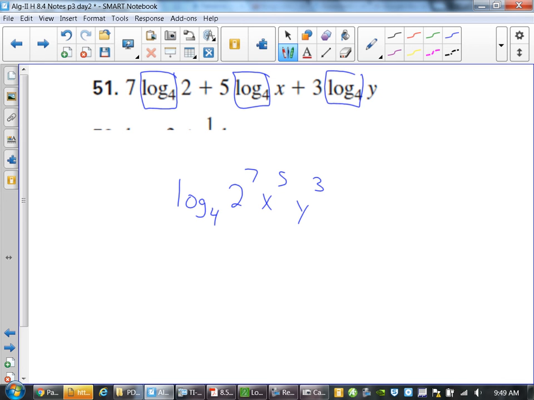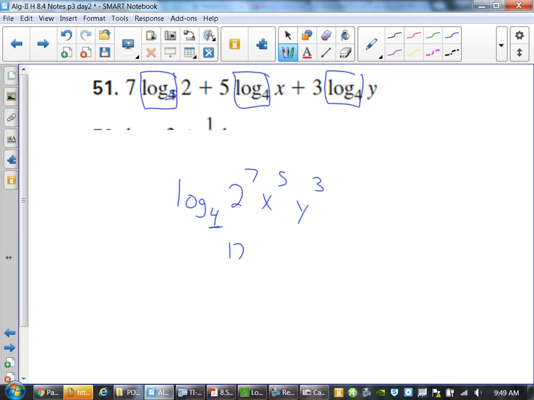If they're not all the same base? Well, you might have one where it's like log base 5 and the others are 4s. So we can't multiply them together. Now this one, 2 to the 7th, well, you could probably simplify that because of the base 4, right? 2 to the 7th, well, let's see. 2 to the 5th is 32, 64, 128.